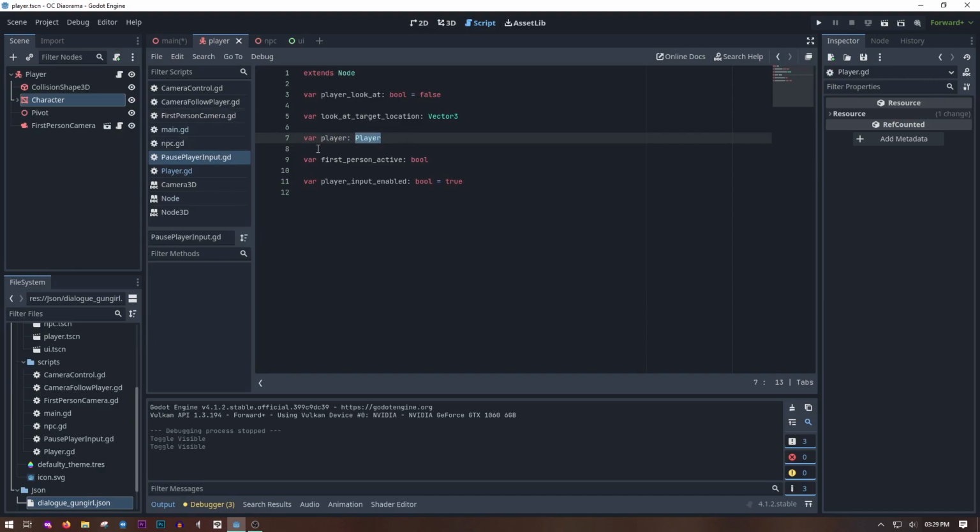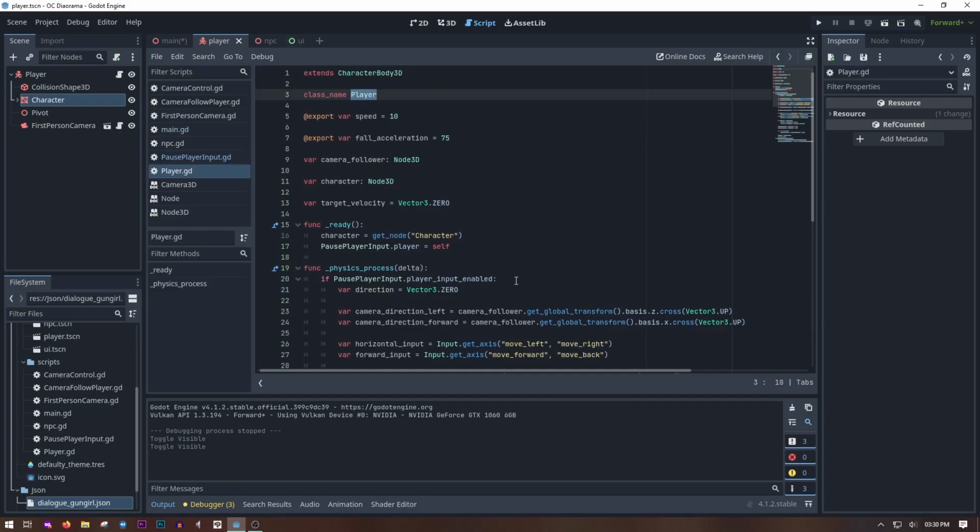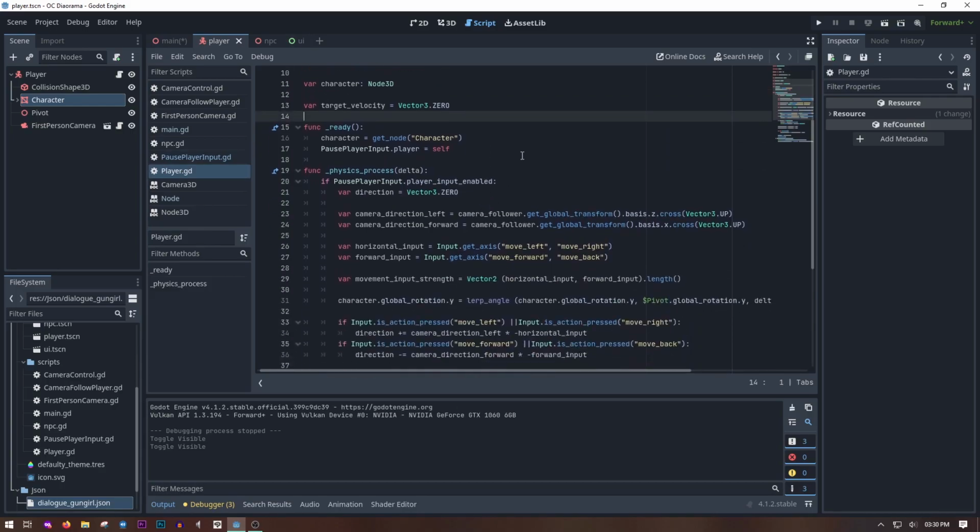So other scripts can look at pause player input, see this variant, and know that it is a class that contains all of this stuff. I kind of know what this means, but let's keep going.